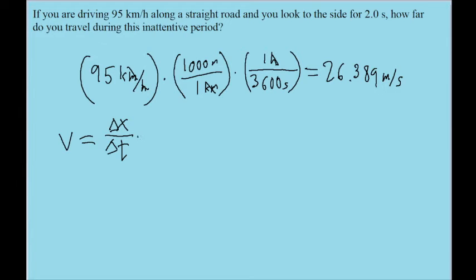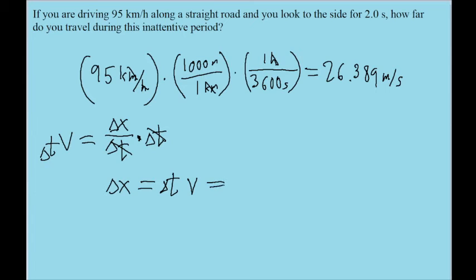We can get delta x on its own by multiplying both sides of this equation by delta t, so that the delta t's cancel out, and we're left with a formula telling us that delta x is equal to the traveled time multiplied by the speed that the car is traveling at.